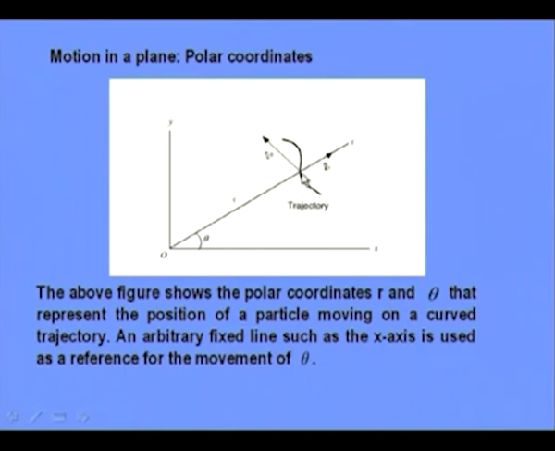R is the radial distance of the particle from the center O, and theta is the angle which its position vector makes with respect to a fixed datum, which has been chosen here as the x axis. The polar coordinates r, theta can be transformed into functions of x and y.